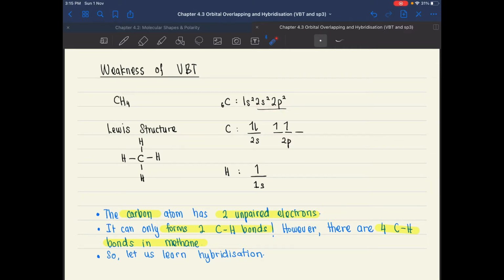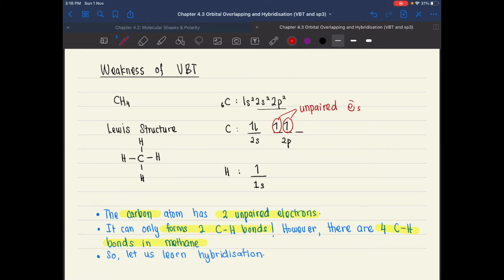From here we can write this in the form of an orbital diagram. So 2s2, 2p2, and for hydrogen, simple, just 1s with 1 electron. From this valence electronic configuration, there are 2 unpaired electrons, this one and this one.